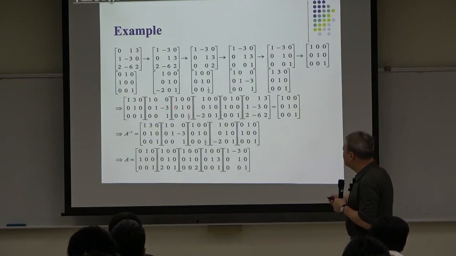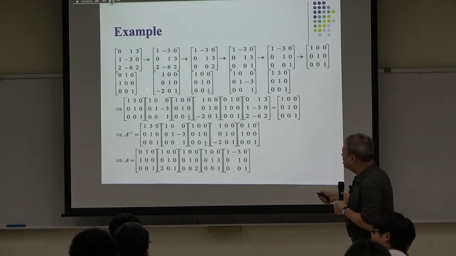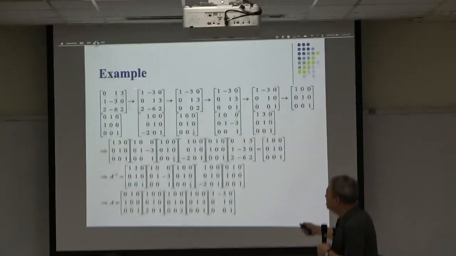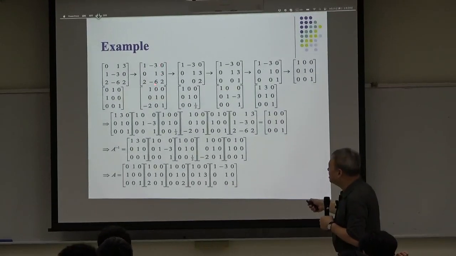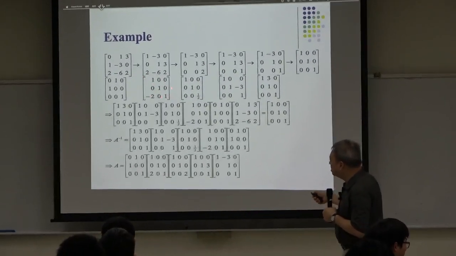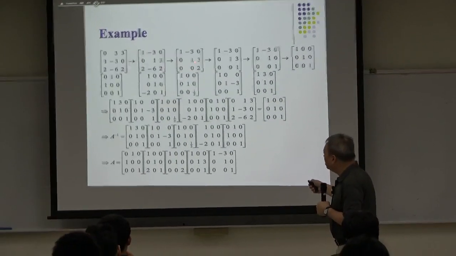You can see that here, this indicates the operation that you have here. So multiply this one with this one, you get that. Same thing, from here, you multiply -2 to the first row and add to the third row. That's equivalent to multiplying this matrix to this one, and you get this one, and so on.